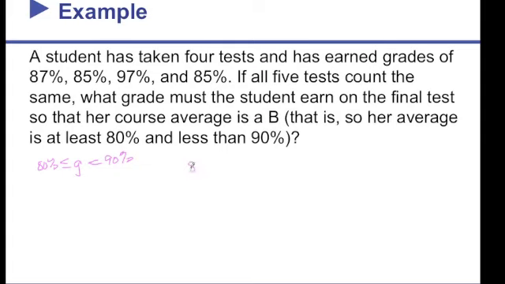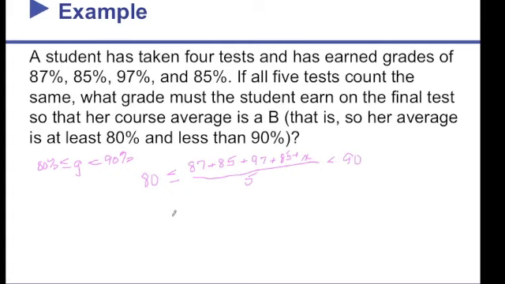We take her 4 test grades she's already gotten, plus that unknown grade that we're looking for, and divide by 5. That's how we find the average. So we'll fill that in for the grade: 80 less than or equal to, and less than 90.